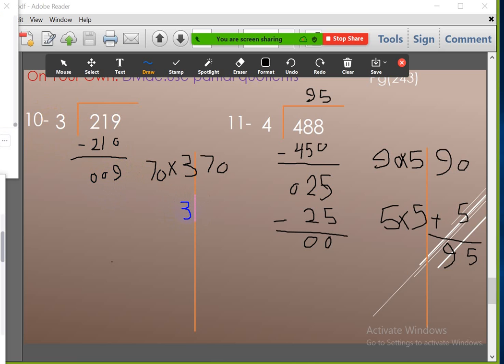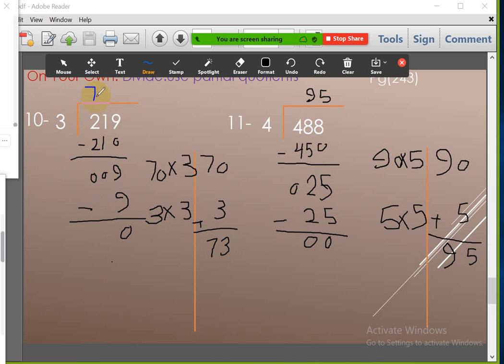The answer will be 9. Of course, it's 3, because 3 multiplied by 3 equals 9. Now I will subtract. So it will be 0. So the final answer is 73.